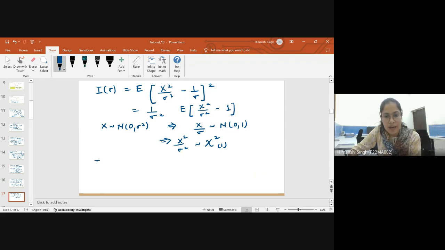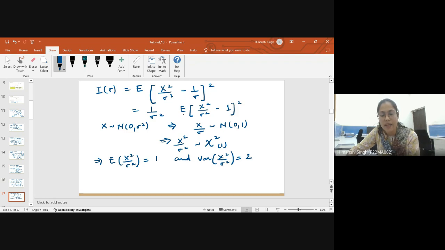Okay, which implies that the expected value of x square by sigma square is equal to the degrees of freedom, so that will be 1, and the variance of x square by sigma square will be twice the degrees of freedom, so it will be 2. Now by this expression we can see that this is expected value of x square by sigma square minus 1.